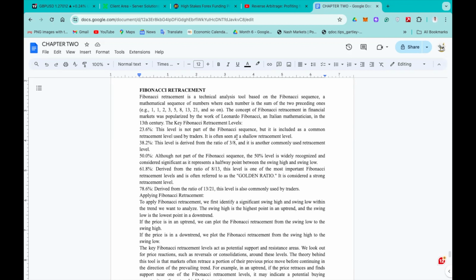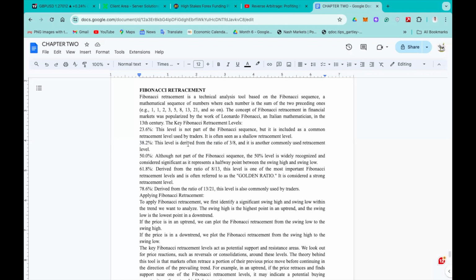It is often seen as a shallow retracement level, which I showed you. There are different types of retracement, which I just spoke about a few minutes ago. We have deep retracement and shallow retracement, which Fib is what we use in calculating those different retracement levels.